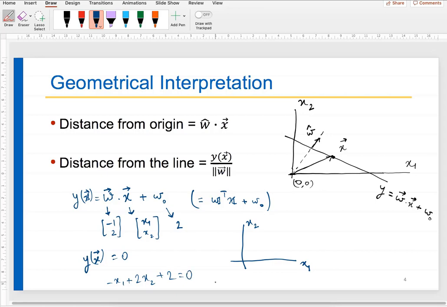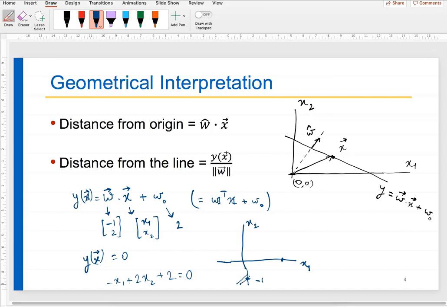In this case, when x1 is 0, x2 is minus 1. This is one intercept. And when x2 is 0, x1 is 2. So the equation of the line is something like this.